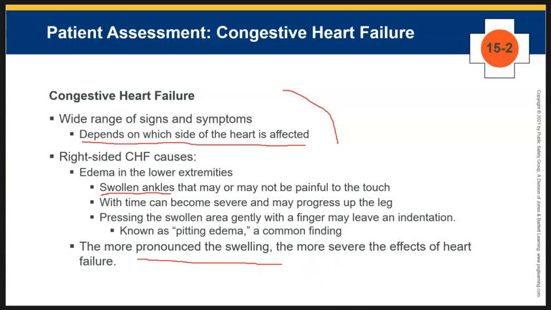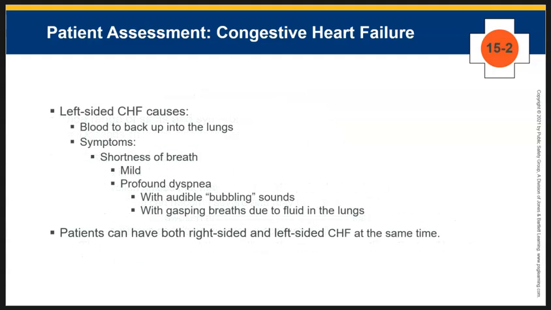Now on the left side, think about it, we're bringing oxygenated blood from the lungs into the left atrium and then out the left ventricle to the body. So the backup is actually going to be a backup to the lungs. Blood trying to enter the left atrium is unable to continue its movement through the left ventricle and then exiting to the rest of the body.